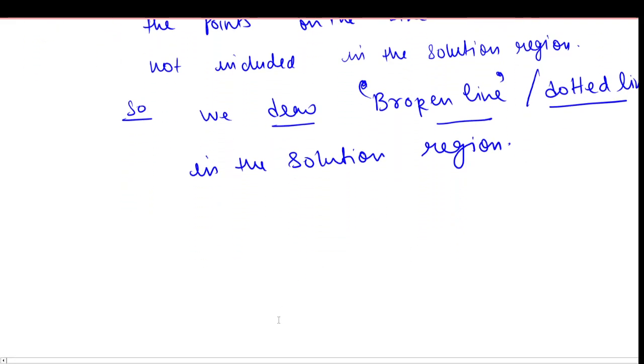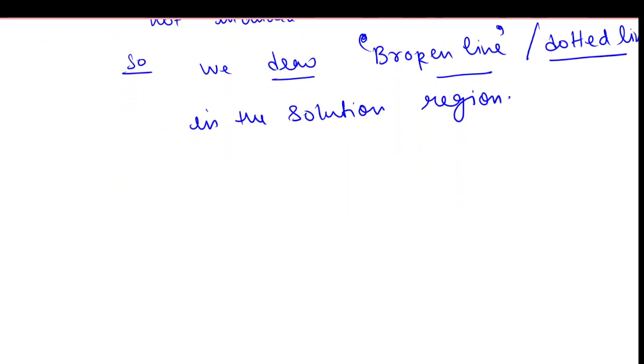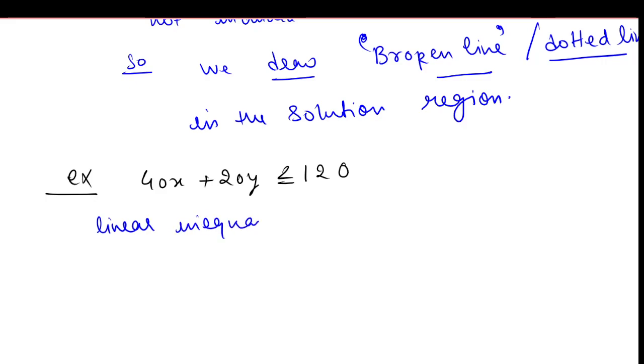So let's take an example. 40x plus 20y is less than or equal to 120. This is a linear inequality in two variables.